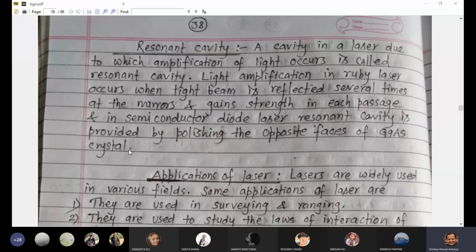But in the case of gallium arsenide crystal, the opposite faces of the crystal are polished, and that provides the resonant cavity by which amplification occurs. In this way, resonant cavity is provided to produce laser light in different types of laser. This is about resonant cavity.